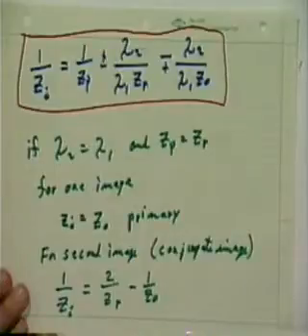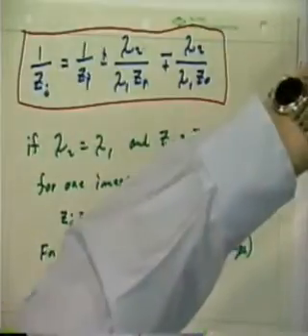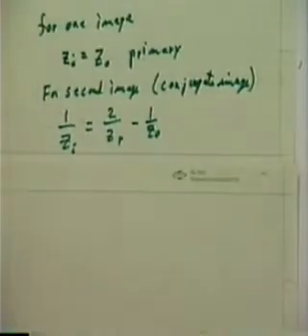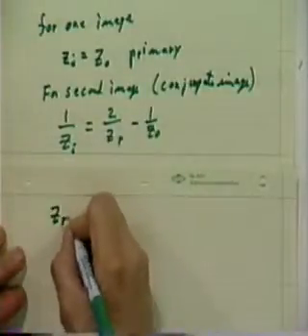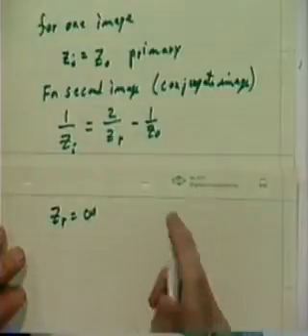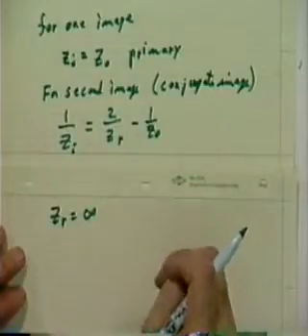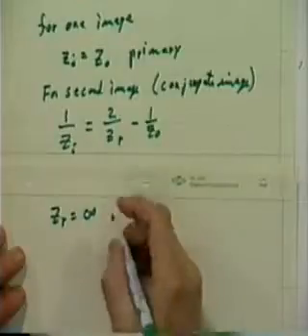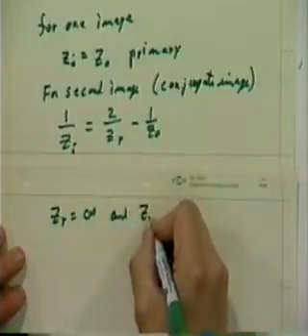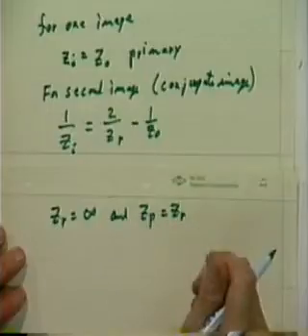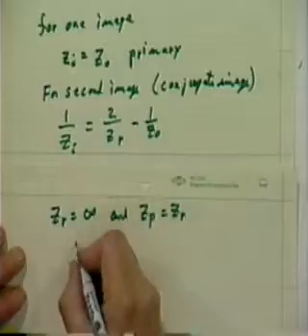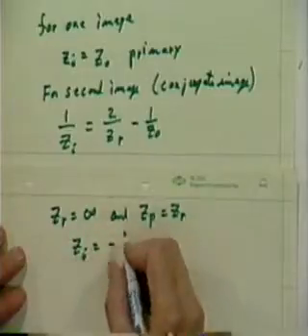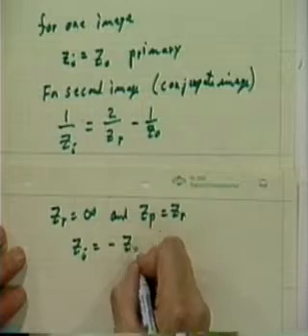Well, if we further make a special case that z sub r is equal to infinity, and also z sub p is equal to z sub r, which is what we said before. But if this is at infinity here, then z sub I is equal to minus z naught.